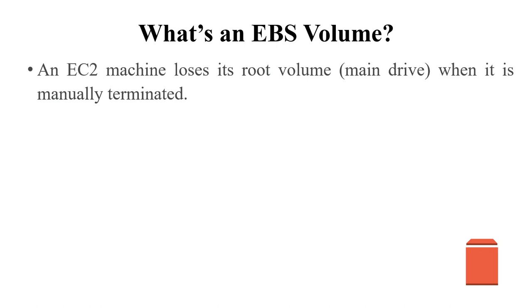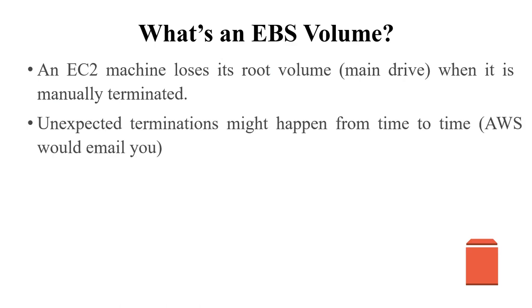An EC2 instance loses its root volume when it is manually terminated. Whenever we terminate the EC2 instance, the default root volume which is attached will be terminated, and unexpected terminations might happen from time to time.